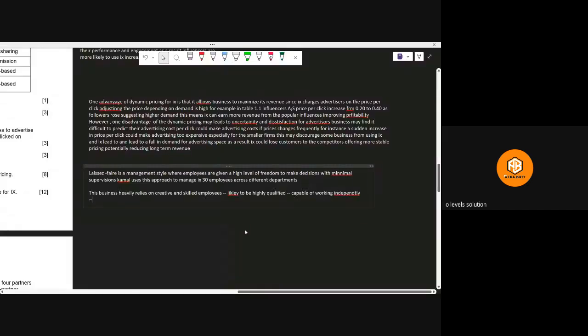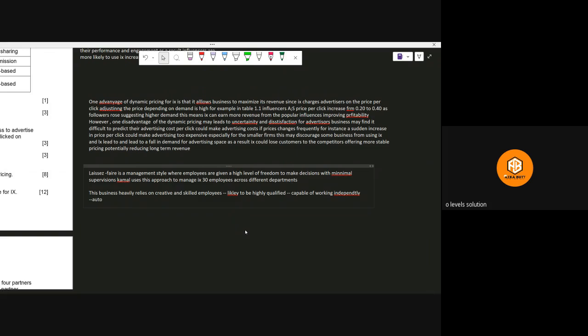And by giving them the autonomy, what will happen? It may encourage innovation and creativity, because they will be encouraged since you are providing them complete autonomy.